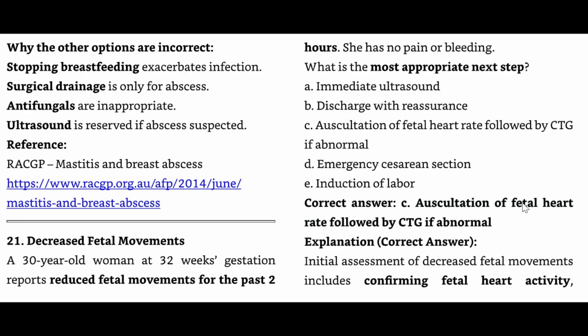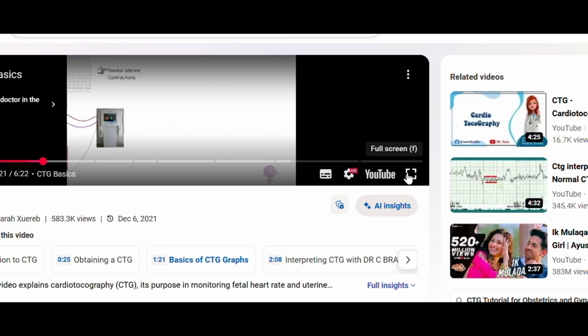Next step, if the fetal heart rate is abnormal, then CTG should be performed. So, auscultation of the fetal heart rate followed by CTG if the fetal heart rate is abnormal. This is an example of the CTG.